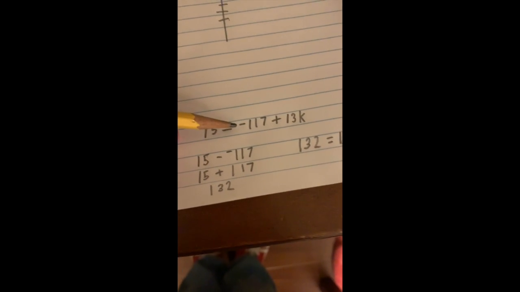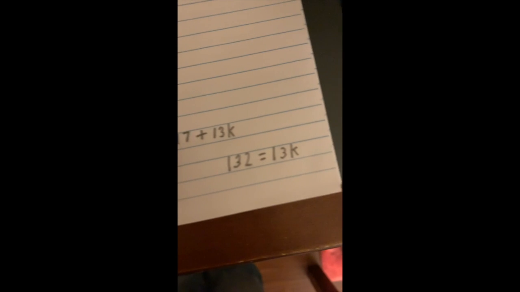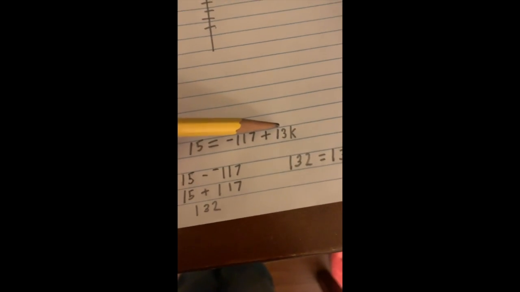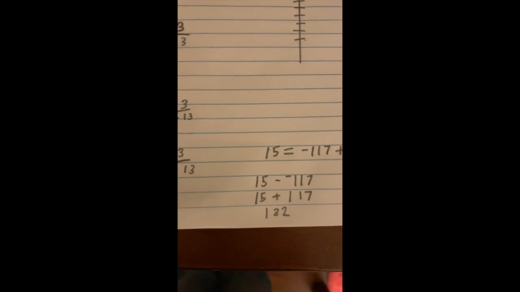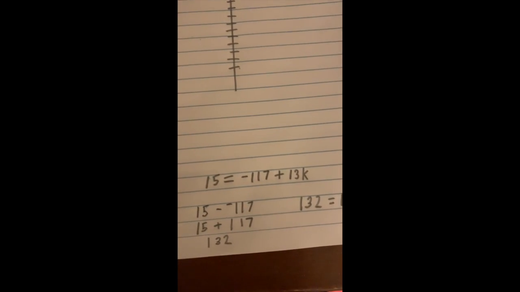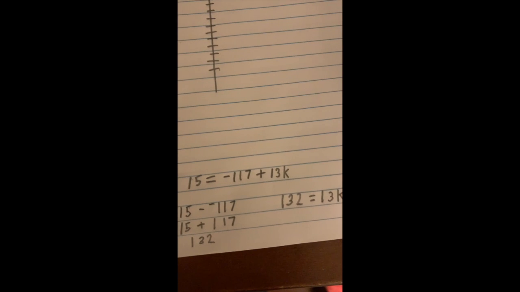That's going to equal negative 117. And then you multiply the k with the 13 here, and you're going to get 13k here. So what you're going to do is try to get the k by itself.